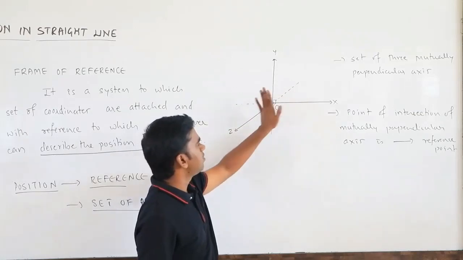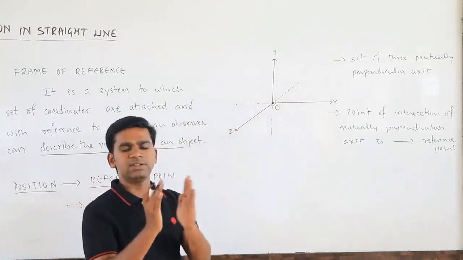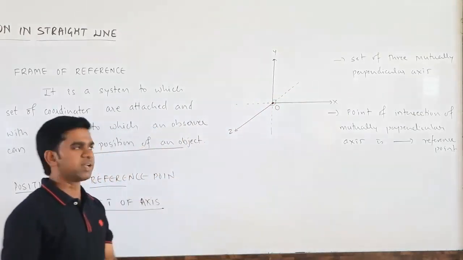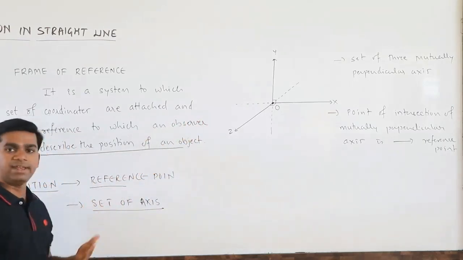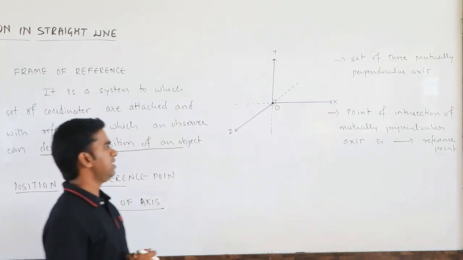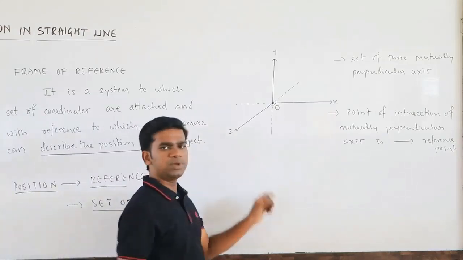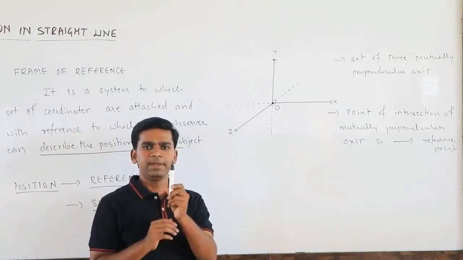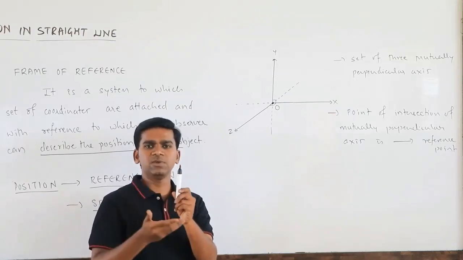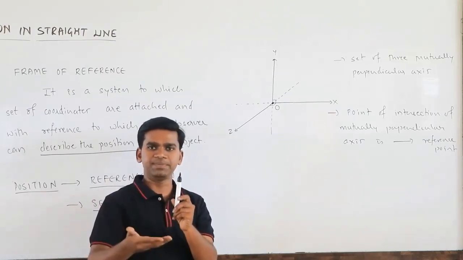These three axes make a set of axes. This is what is required to tell the position of any object. Now one more very important thing is required to tell the position of an object. Suppose it is at point A. When you want to say whether it is at rest or in motion, you will see after some time.